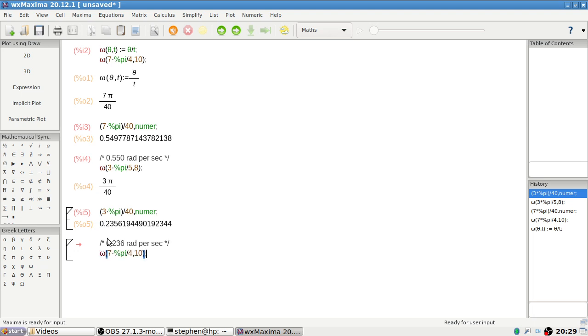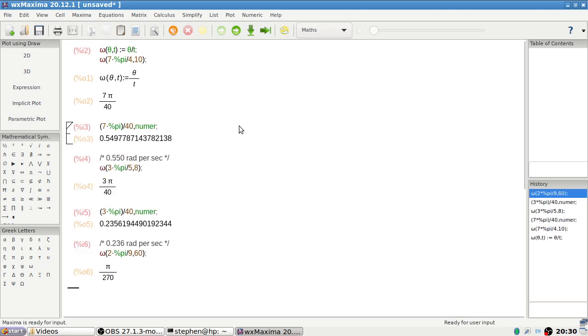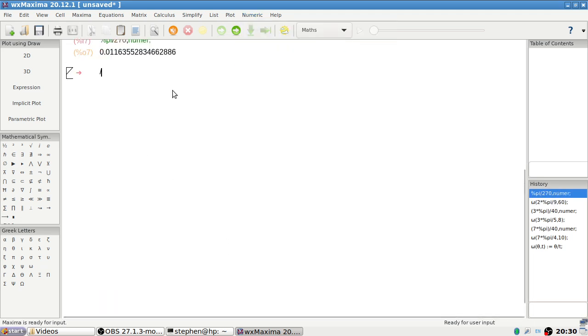Okay. The next one now, C, is 2 pi over 9. And that almost caught me out there. 1 minute, so 60 seconds. Okay, so that is 0.012 radians per second. Let's check that one.